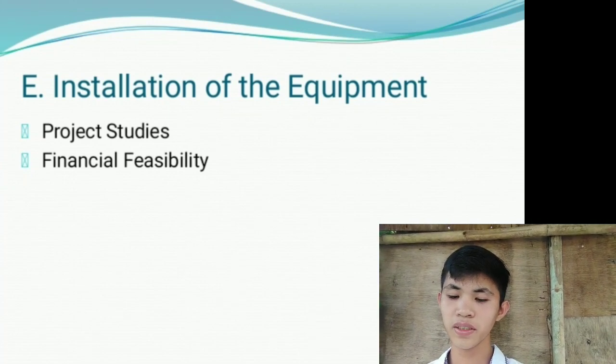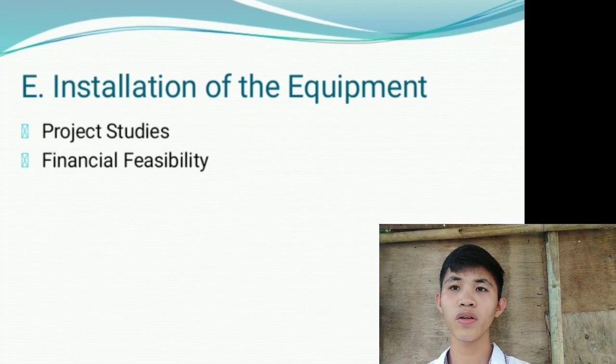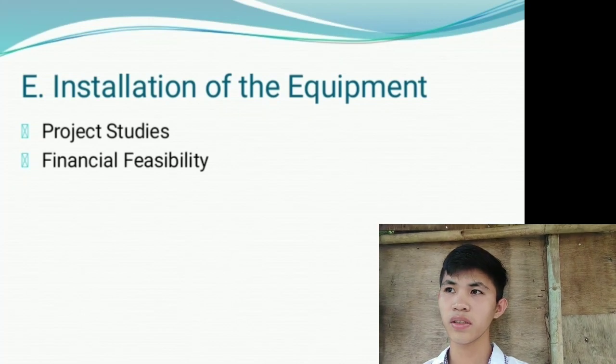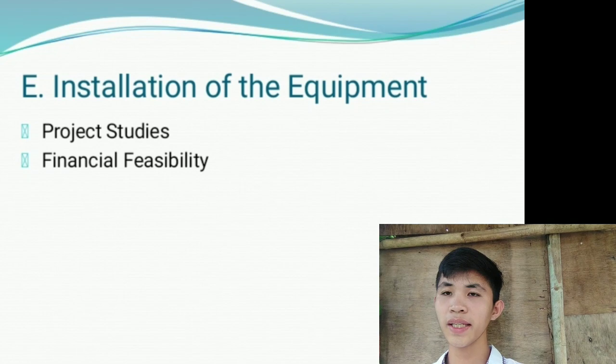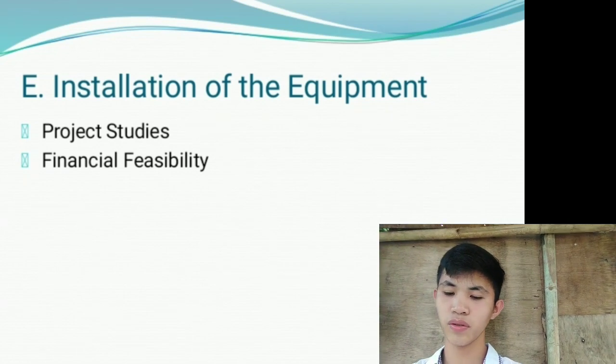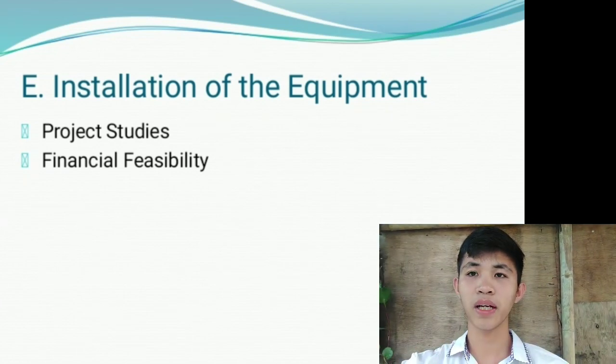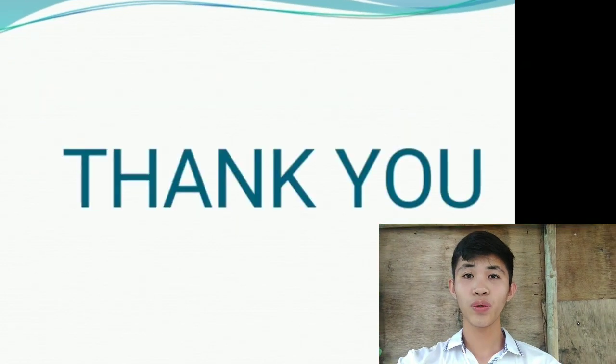Then also the financial feasibility. Of course, the financial aspect is about the money available. So we must conduct a financial feasibility study so that our business and planning, and expenses, are guided.